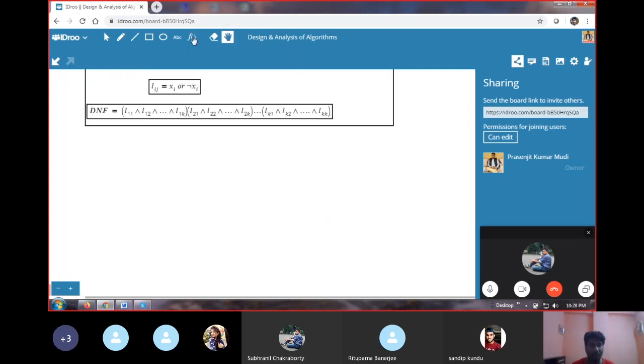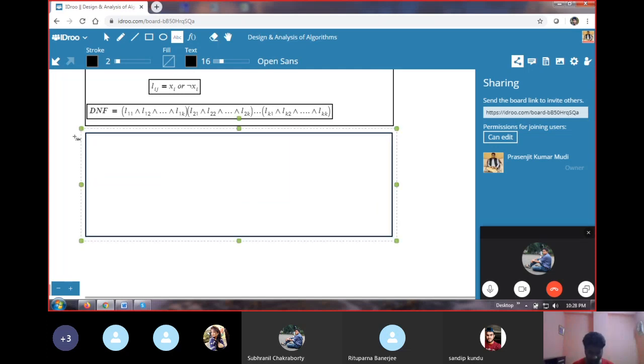Okay, so DNF, let's say DNF satisfiability problem, which is a decision problem. These problems are very difficult to solve: whether we can have a propositional formula which can satisfy this DNF.